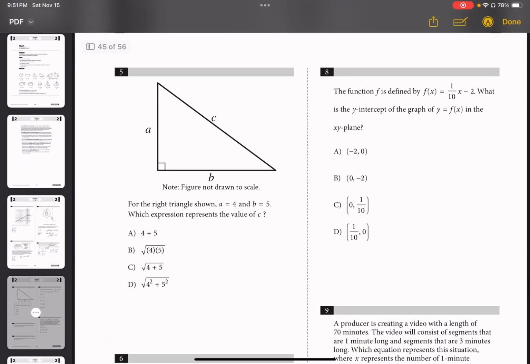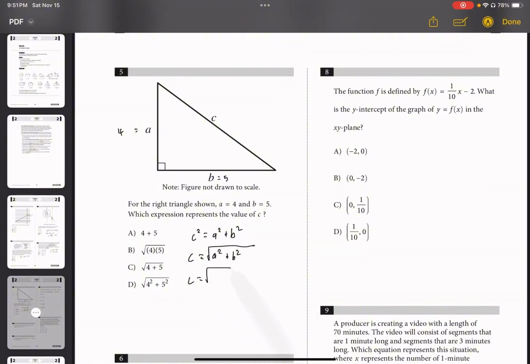Question 5. For the right triangle shown, A is equal to 4 and B is equal to 5. Which expression represents the value of C? So know that your Pythagorean theorem is C squared is equal to A squared plus B squared. And we have A is equal to 4 and B is equal to 5. So we know that C is equal to the square root of A squared plus B squared.